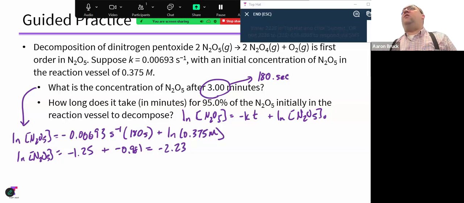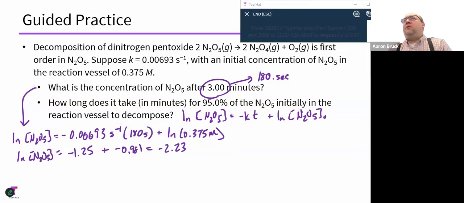How do I get rid of a natural log? Yeah, you raise it as the exponent to e.